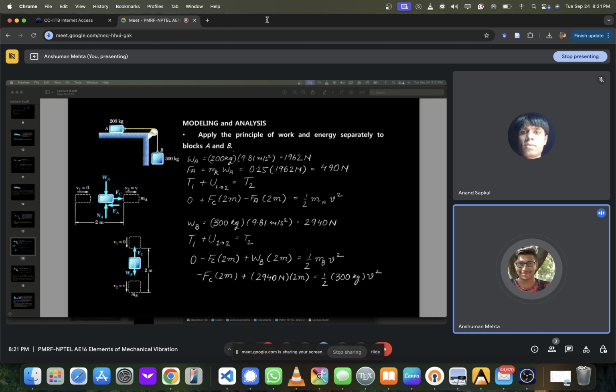Now we don't know what the velocity is, so we'll apply the principle of work and energy, but we know it started from rest, so T1 is 0. Then U12 has two components to it.